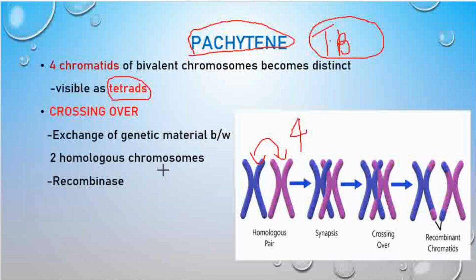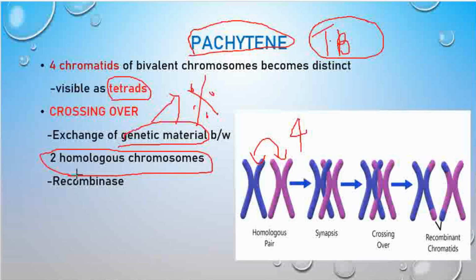And here comes the most important event, which is crossing over. This is what makes meiotic division different from the mitotic division. What happens in this process of crossing over is there is an exchange of genetic material between 2 homologous chromosomes.